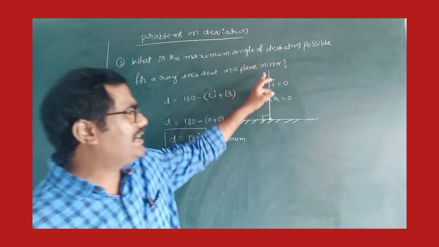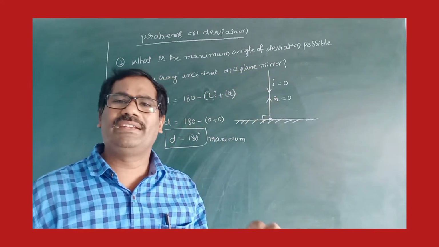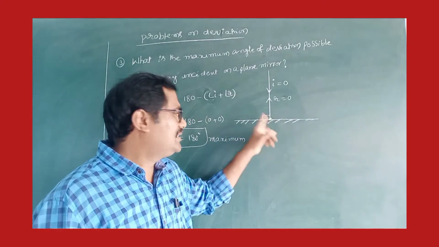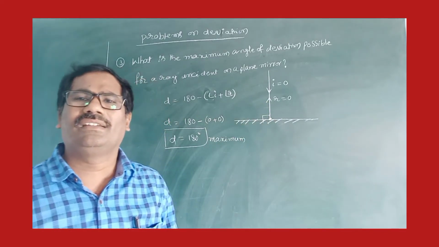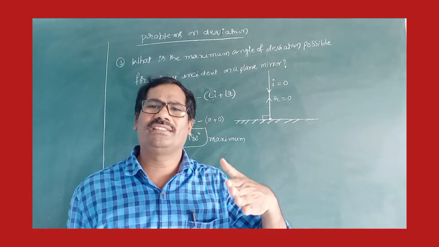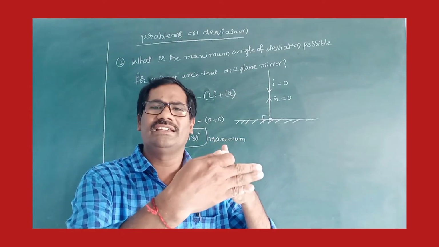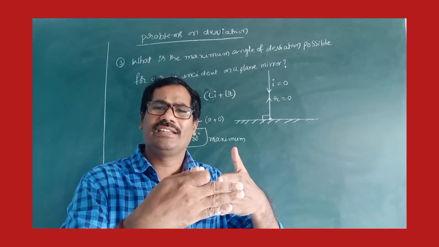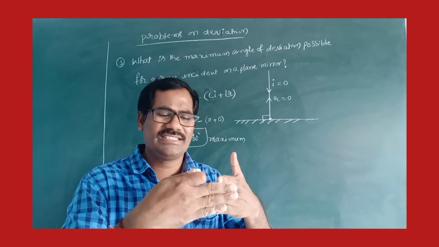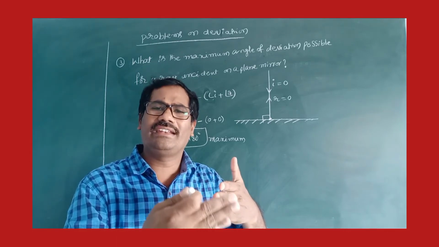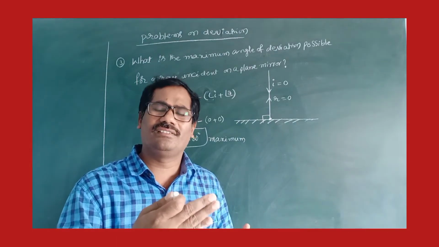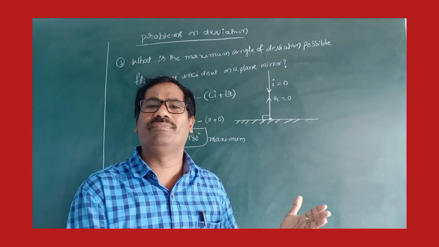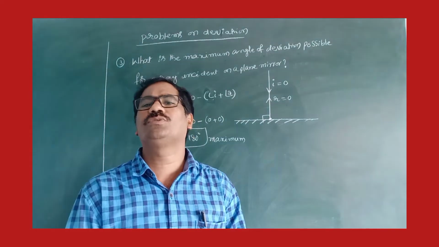That means the light ray travels perpendicular to the mirror. For example, it is a straight line path, and that is the mirror. The light ray travels in a straight line, so the angle of incidence is 0. It reaches the point of incidence and then returns to the same medium, so the angle of reflection is also 0.